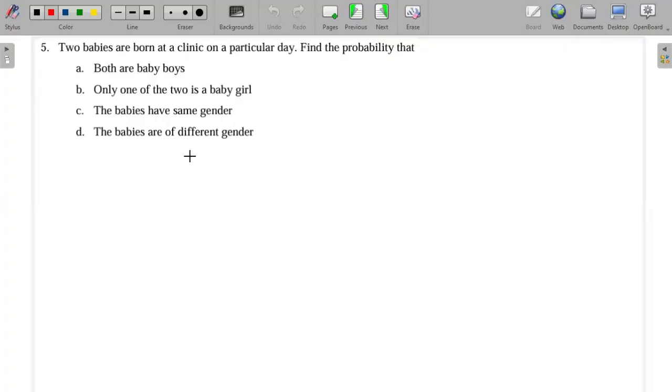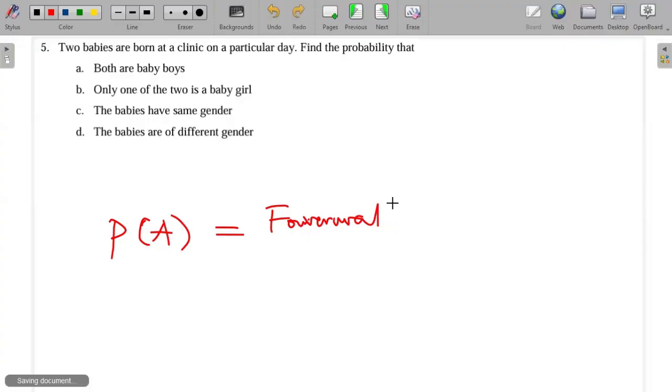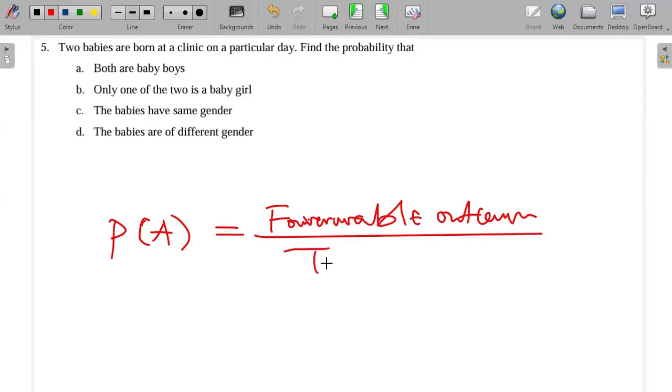Gender. So now, if you go back to the classical definition of what probability is, we said if I want to find the probability of A, then this will just be the favorable outcomes divided by the total number of outcomes.